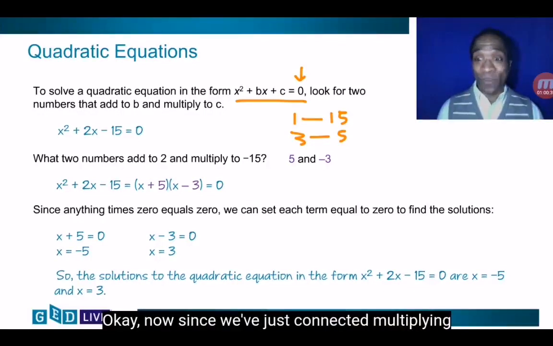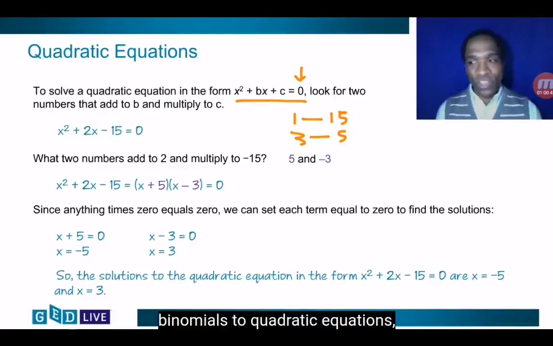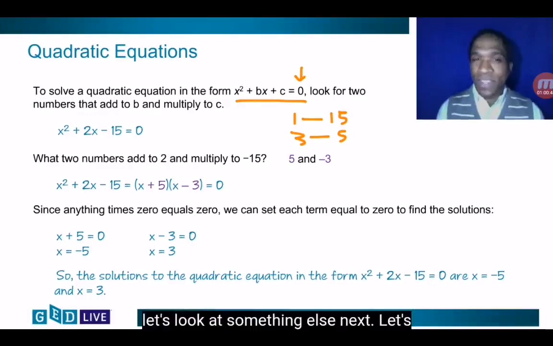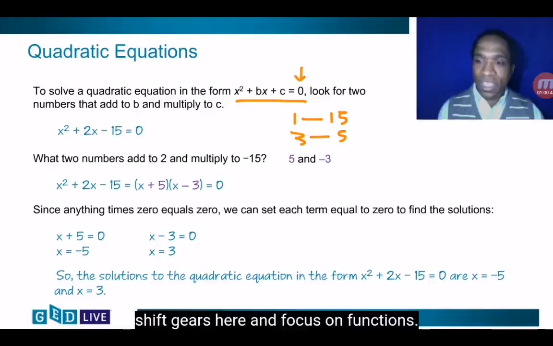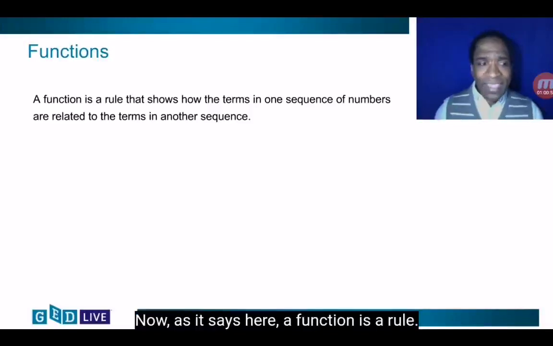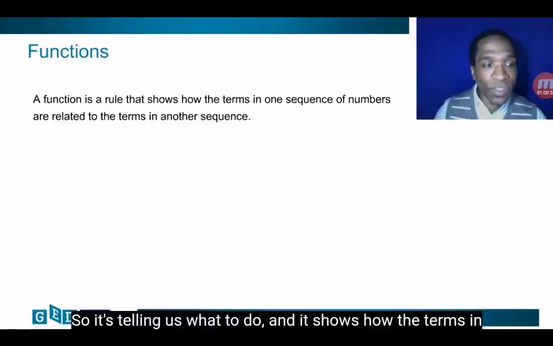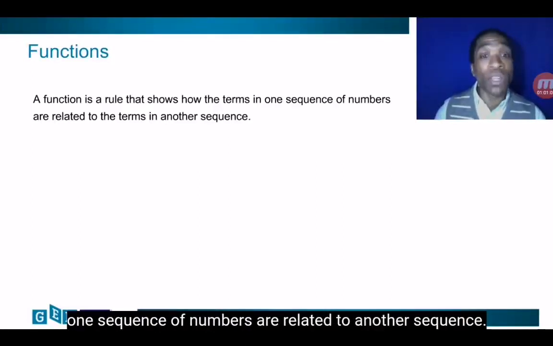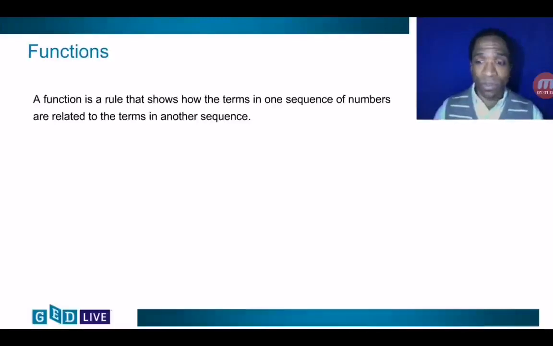Okay, now, since we've just connected multiplying binomials to quadratic equations, let's look at something else next. Let's shift gears here and focus on functions. Now, as it says here, a function is a rule. So it's telling us what to do, and it shows how the terms in one sequence of numbers are related to another sequence.